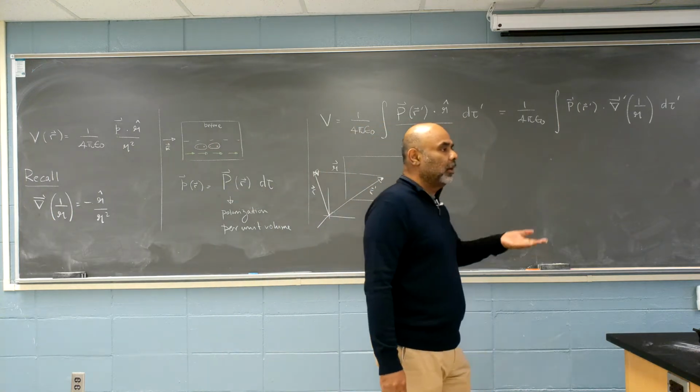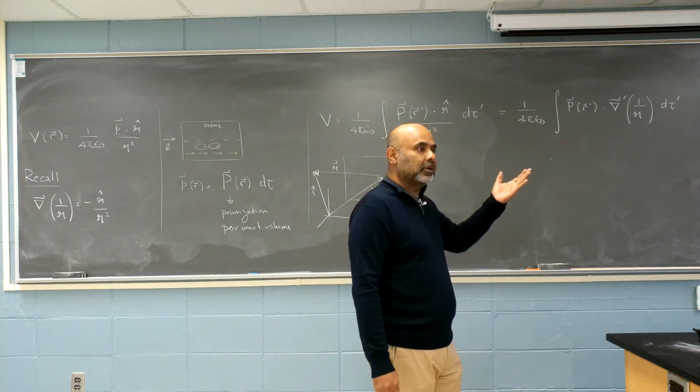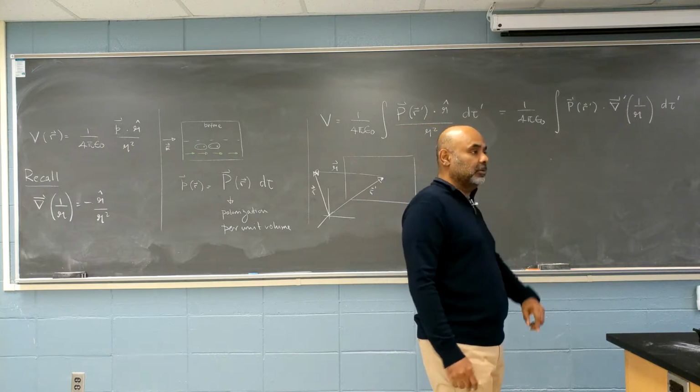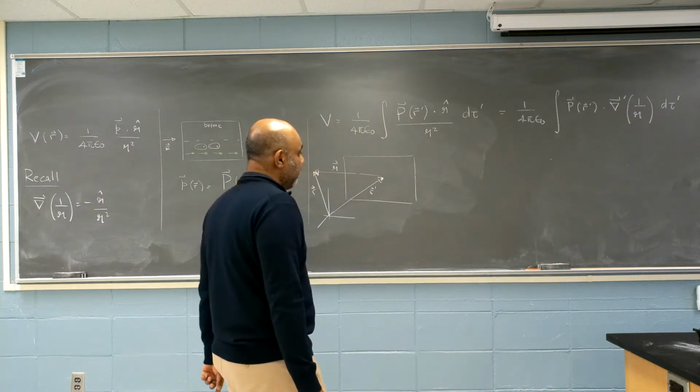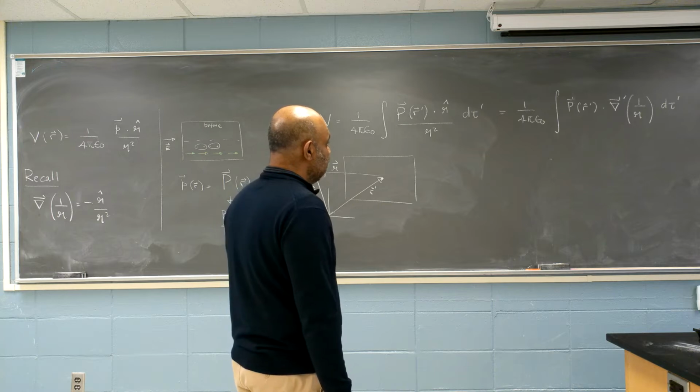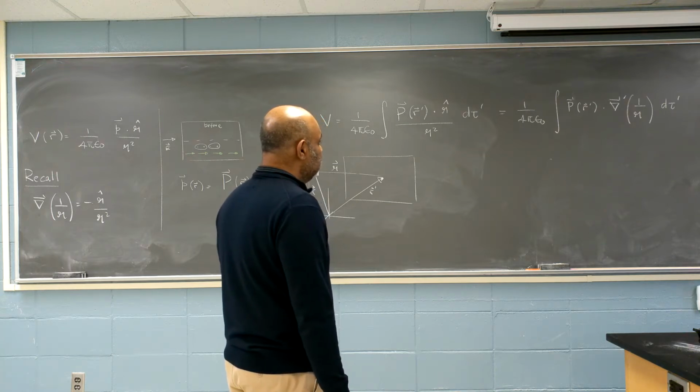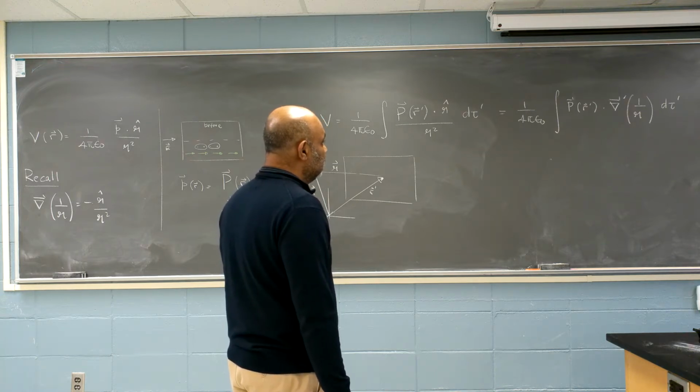So why did we do that? Obviously, we're going to do a little bit of calculus and just shuffle things around. This can be written as what?